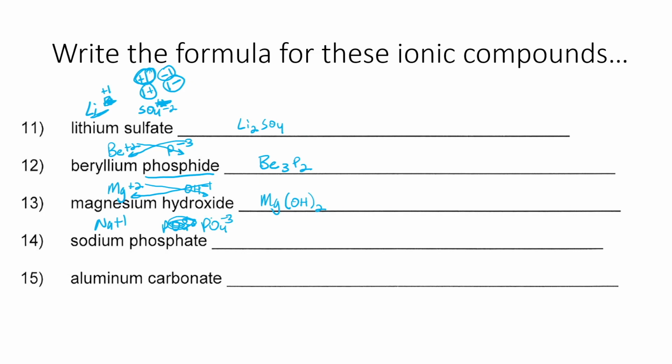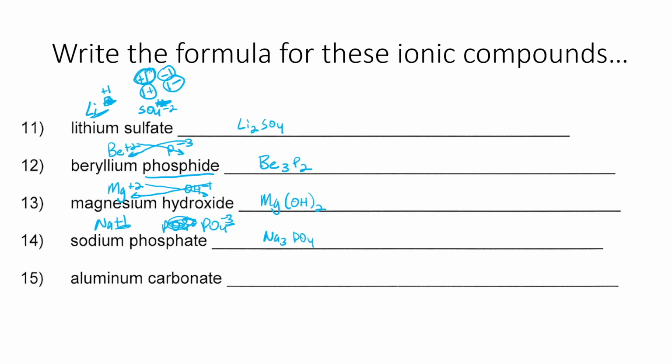So if you need to have more than one phosphate to balance out the sodium, then you have to put parentheses around it. But since phosphate is already a -3 charge and sodium is only a +1 charge, we have to ask ourselves how many sodiums are required to make phosphate happy. It requires 3 sodiums, and that's why the answer will be Na3PO4. So that's sodium phosphate.